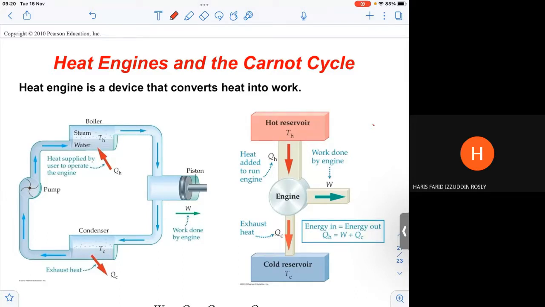When you talk about engines, it always involves heat. Everything that involves machines, maybe a motorcycle, a car, or some electrical appliances such as an iron, must involve some engine inside.